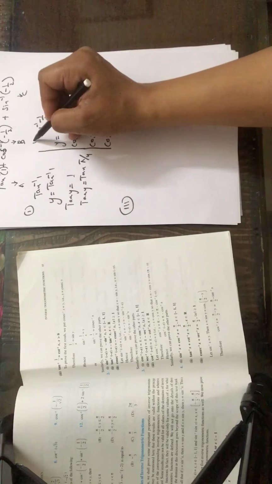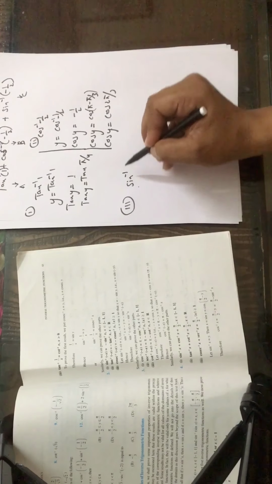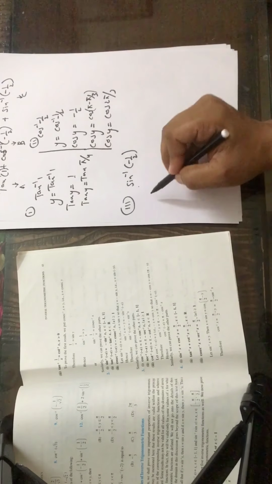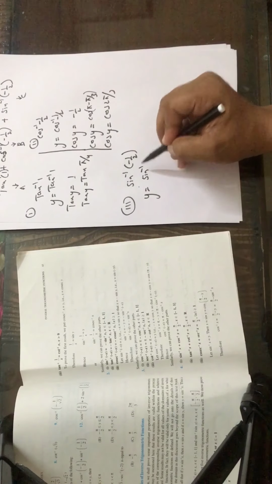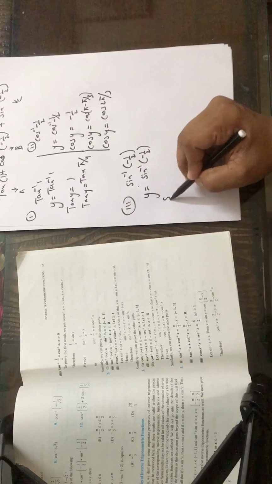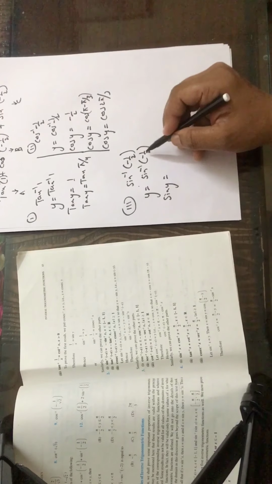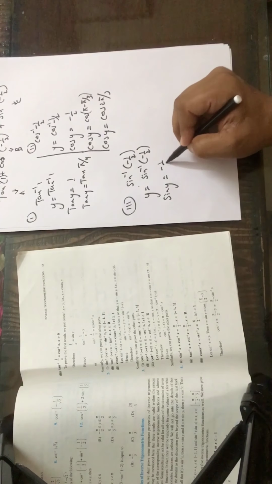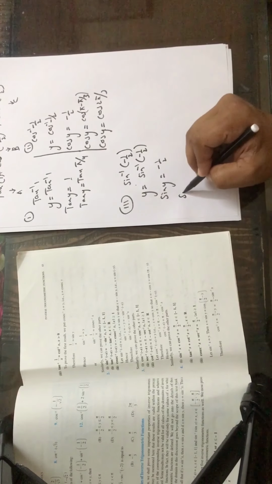Third one I am doing over here, okay, not to make a hodgepodge over there. This was the first part, this is the second part, and here is the third part. Sine inverse negative half. Now, sine is there, so no problem. Sine will come this side, sine y equals minus half. Half comes in pi by 6, yes.